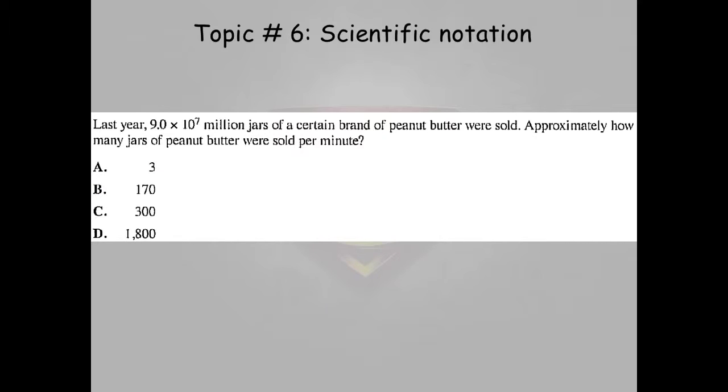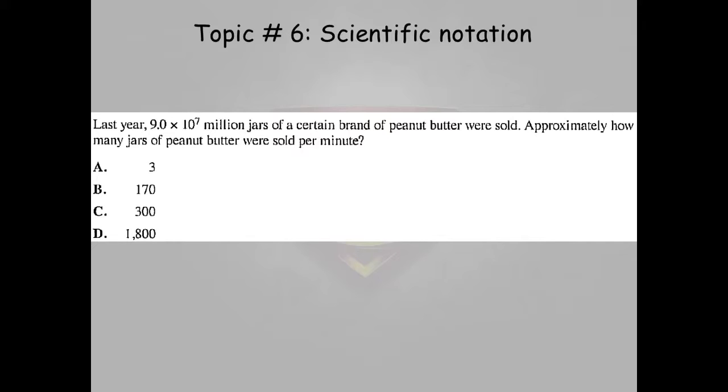So this is kind of how you will see scientific notation problems. It tells you last year 9.0 times 10 to the 7th jars of a certain brand of peanut butter were sold. Approximately how many jars of peanut butter were sold per minute? Well, we have a number in scientific notation. We need to get it in standard form if we want to be able to work with it.